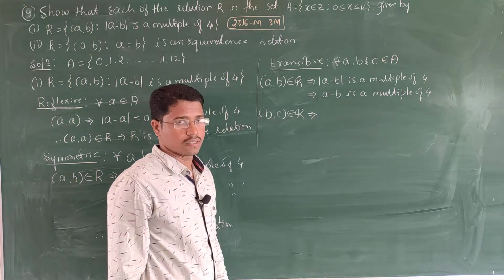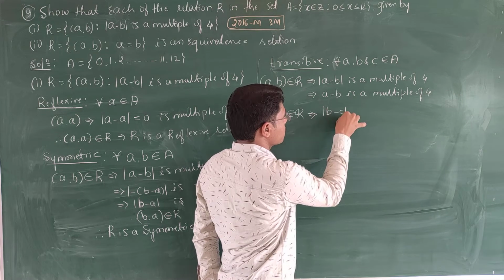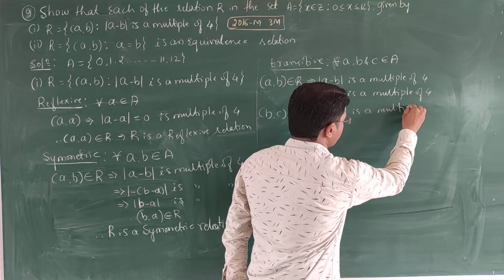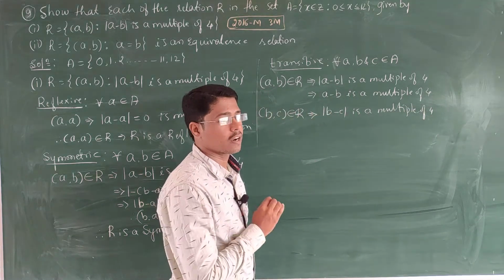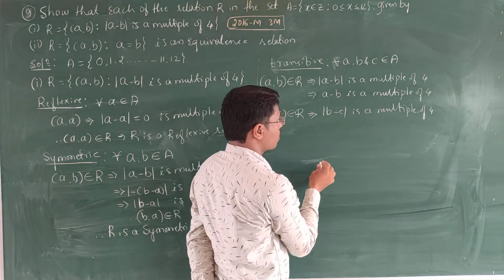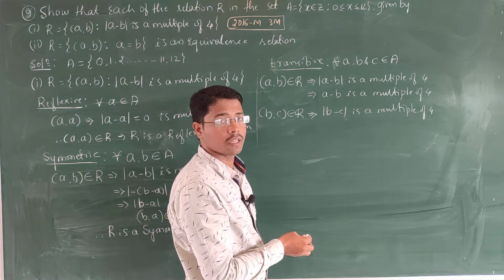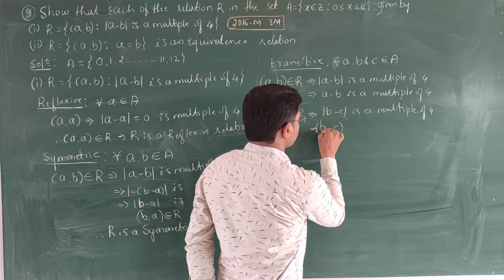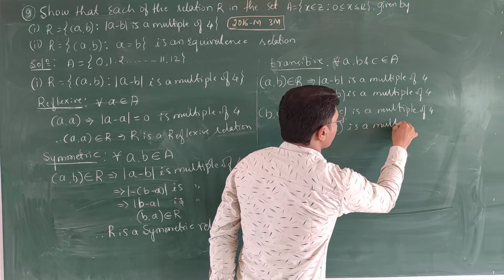This implies |b - c| is a multiple of 4. We can remove the mod and write b - c is also a multiple of 4, since mod just gives the positive value. So now see these two: a - b is a multiple of 4, and b - c is a multiple of 4.